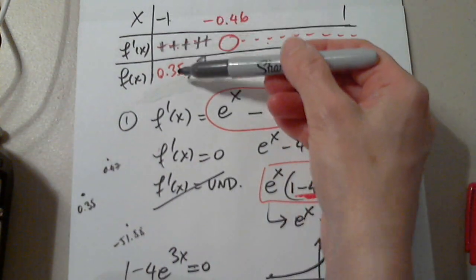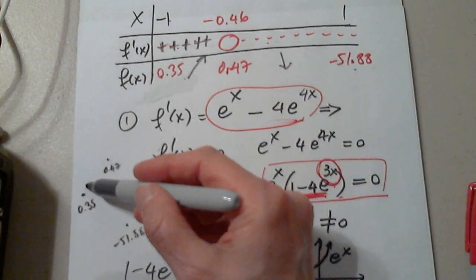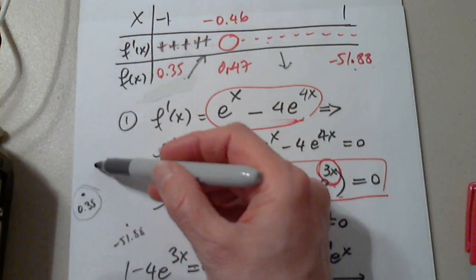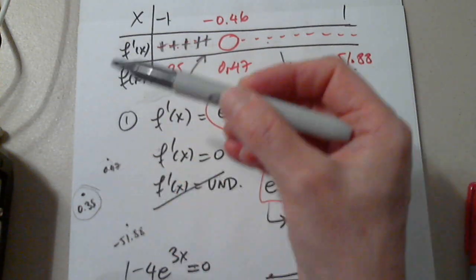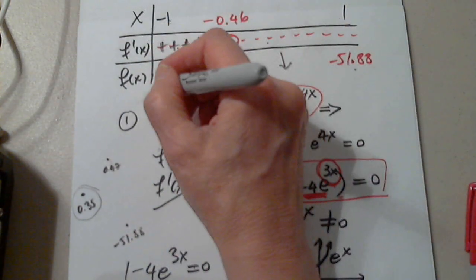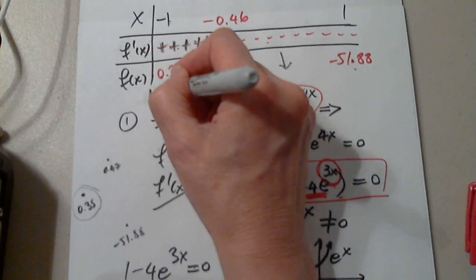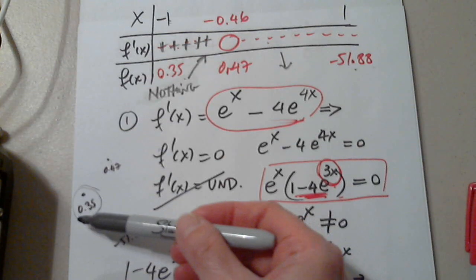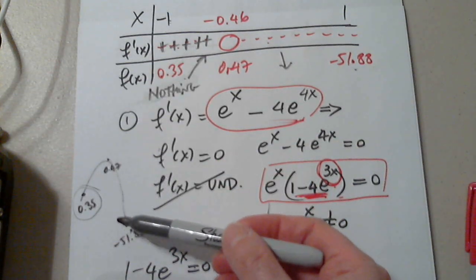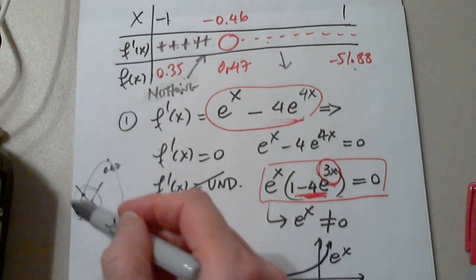So what does negative 1.35 represent? What does this point represent? This one. Absolute min. Absolute nothing, because there is this one here. This is absolutely nothing.